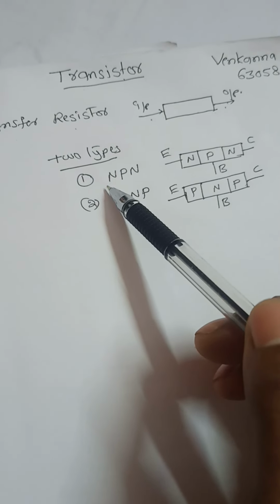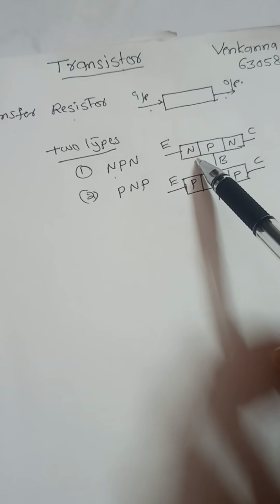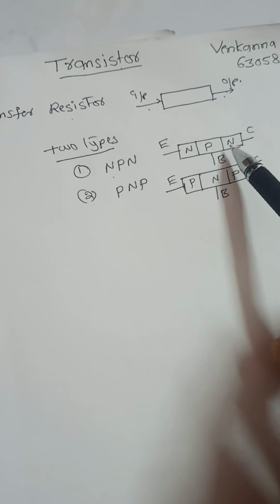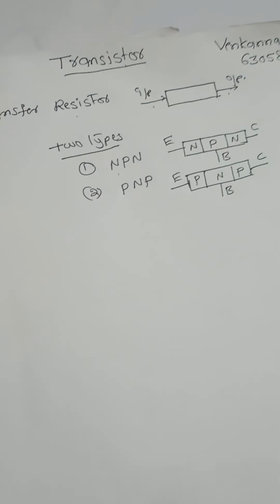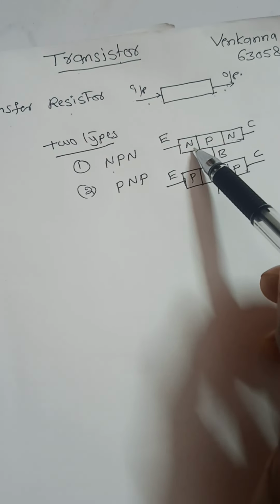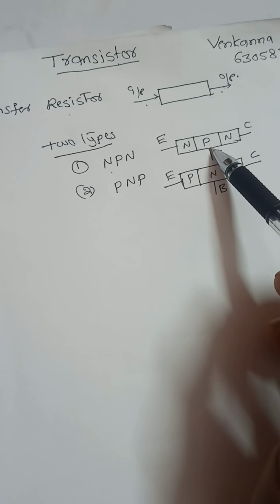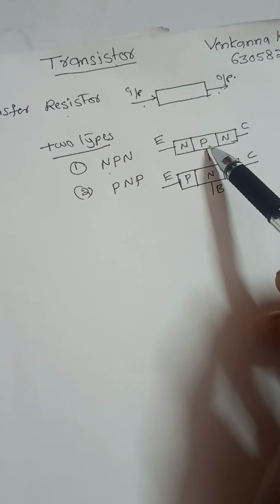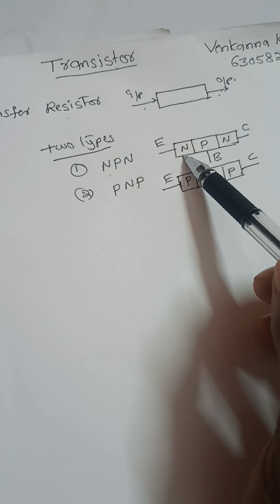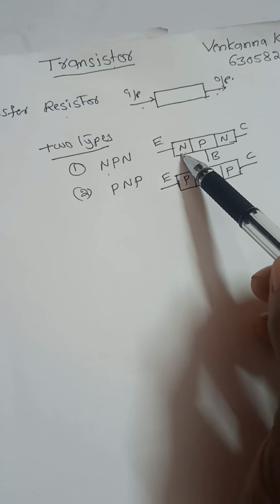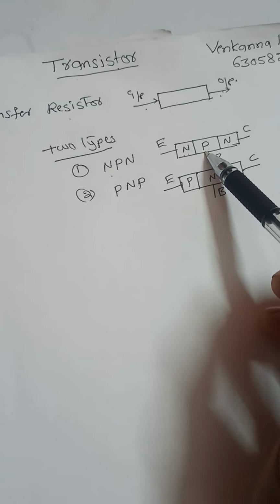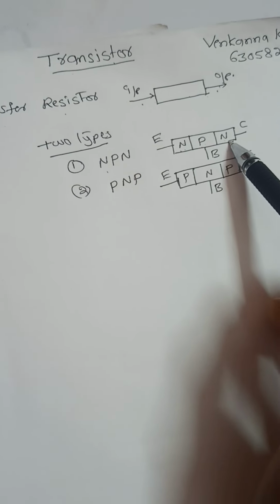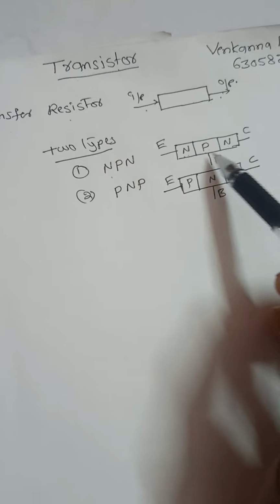Basically, transistors are of two types: NPN transistor and PNP transistor. NPN transistor means N type material, P type material, N type material. N type material means N type semiconductor, and P type means P type semiconductor.